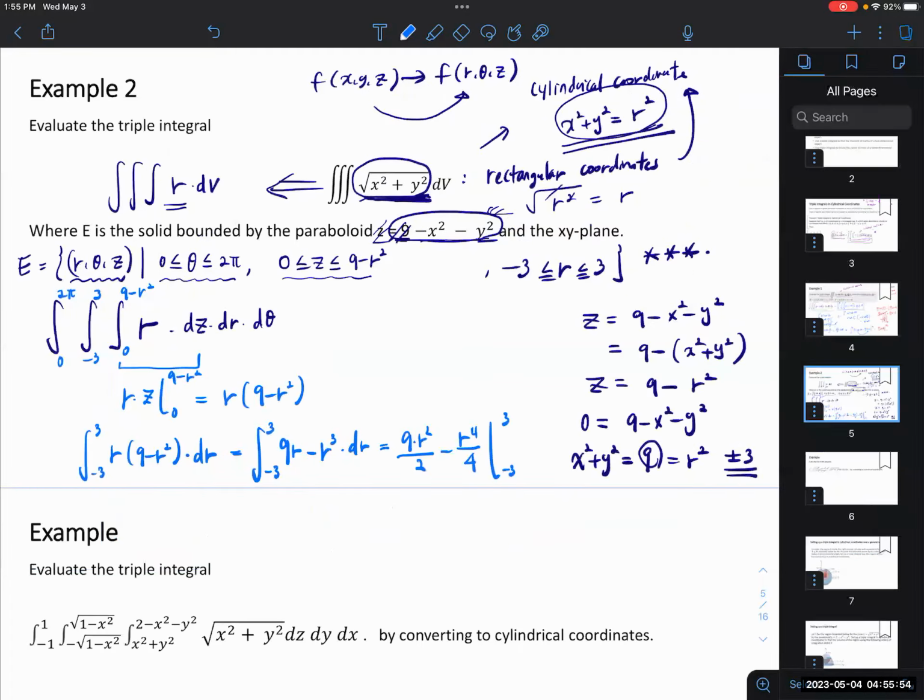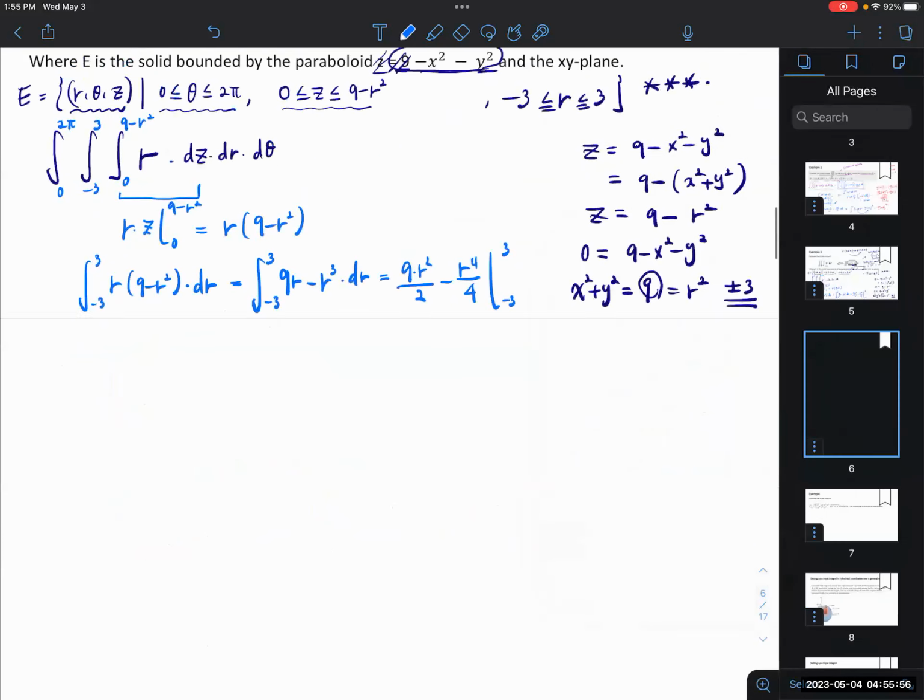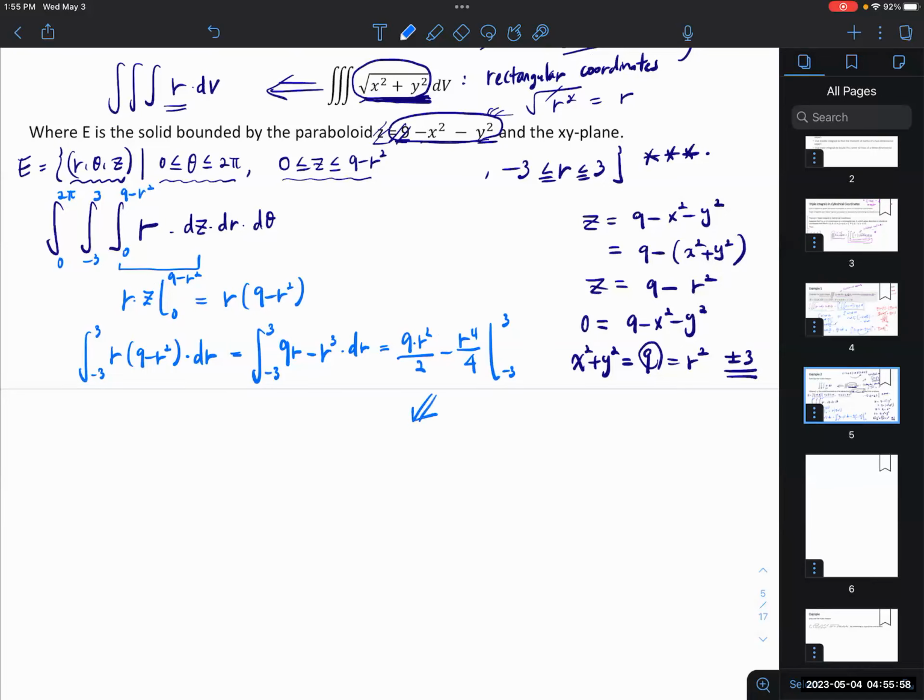So I'm going to make a little bit of space. So here, 9 times 3 squared over 2 minus 3 to the 4 over 4, subtract 9 times (-3) squared over 2 minus (-3) to the 4 over 4.